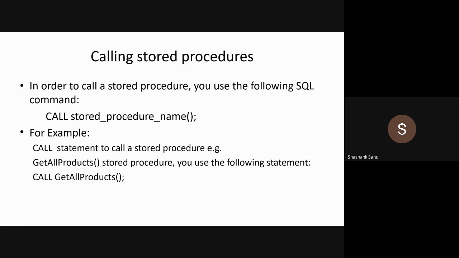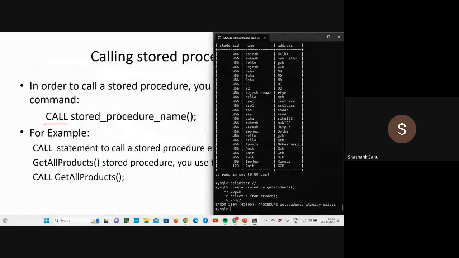Now, to call a procedure, you use the call statement. The procedure name is get students, so we use call get students, semicolon.